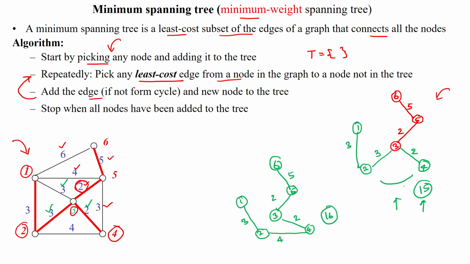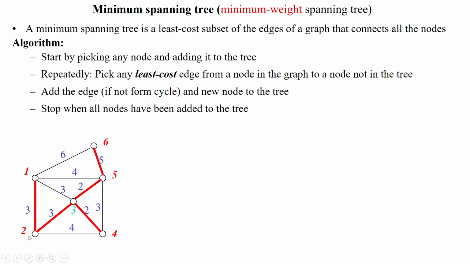That's why we have not selected the edge between 2 and 4. Instead, we have selected this edge. Whenever we are constructing the tree, we should select with minimum cost, so the minimum cost here is 15.